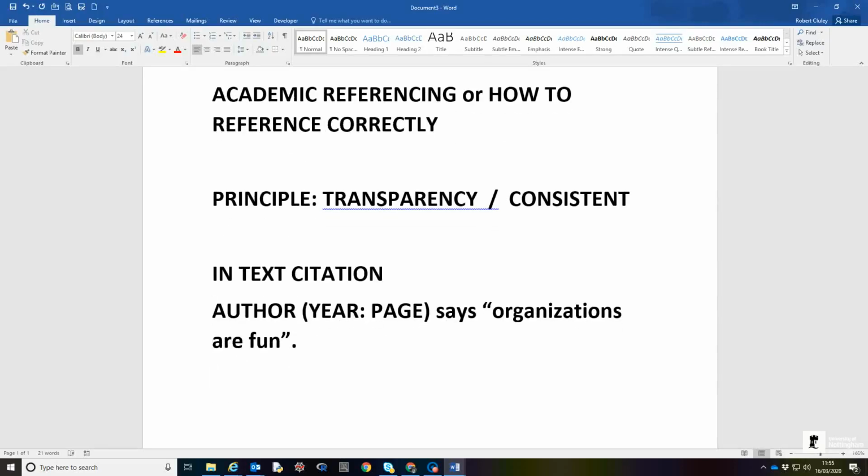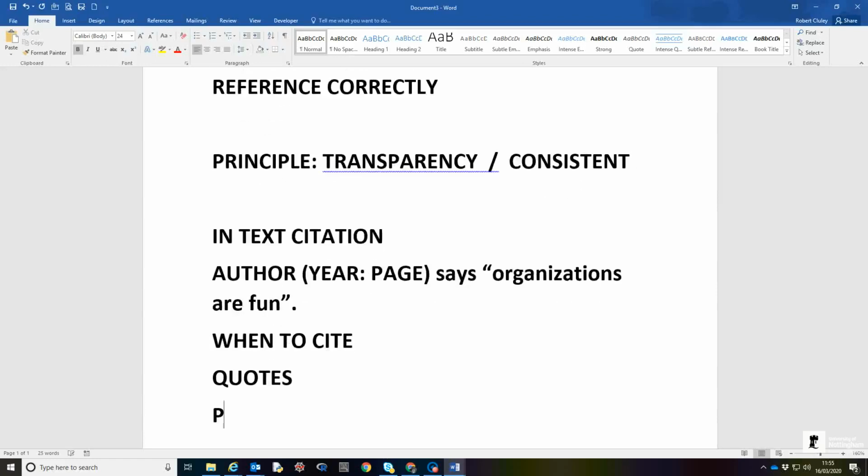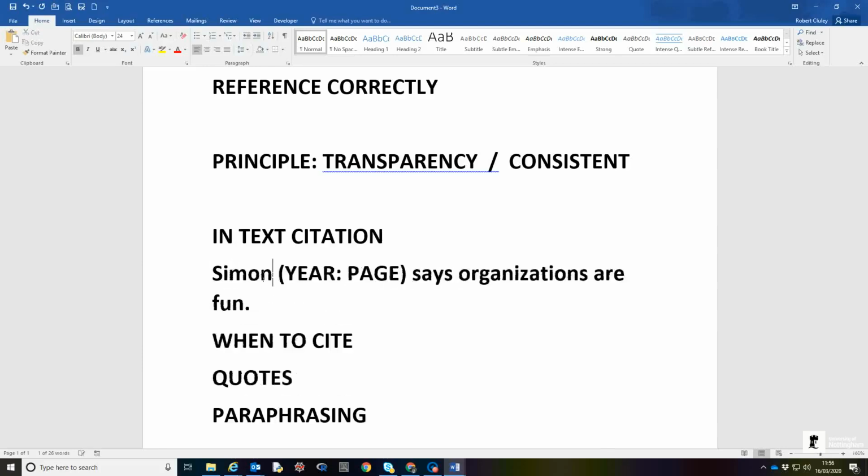Okay. So, when to cite? Well, if you're quoting anybody, you always need to cite. So that's a direct quote. And if you're paraphrasing, which would be to say, there isn't a quote, but you're saying this is what somebody else said, so if you're saying, Simon says organisations are fun.